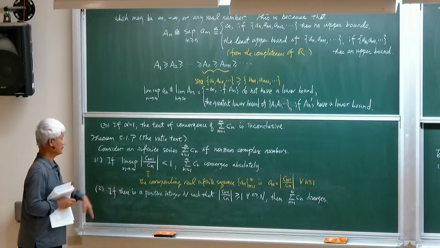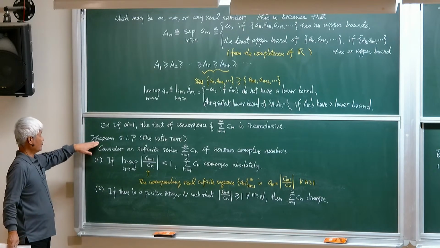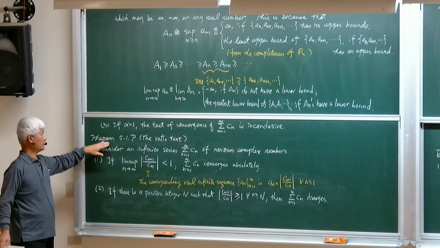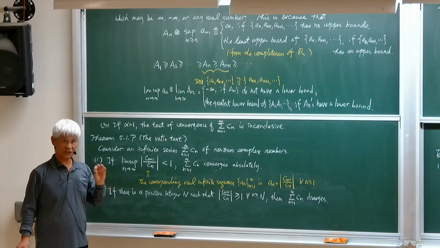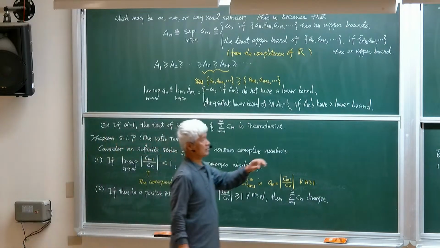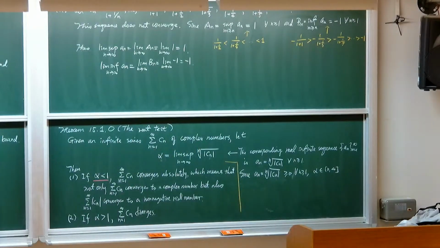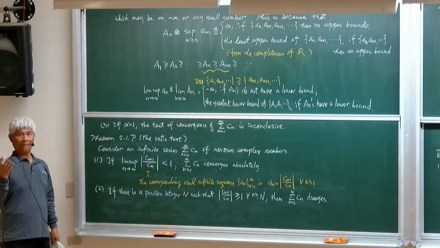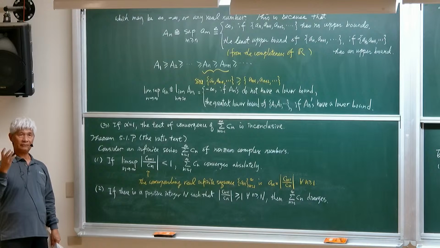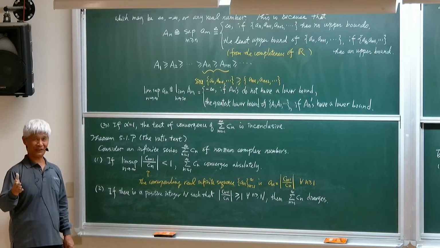All right, so you see that this theorem is not more general than the previous one. The root test is the most general one. But taking the ratio is sometimes much easier than taking the nth root of the absolute value of the nth term.